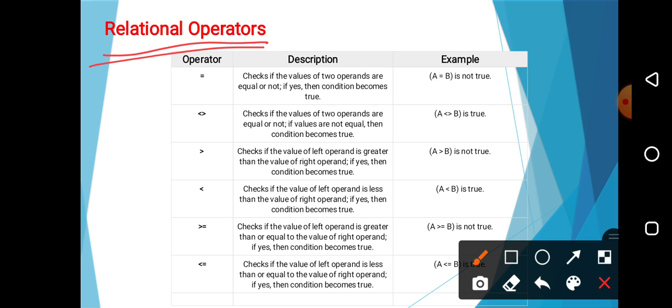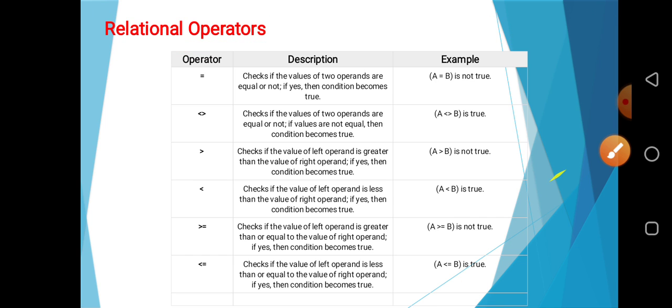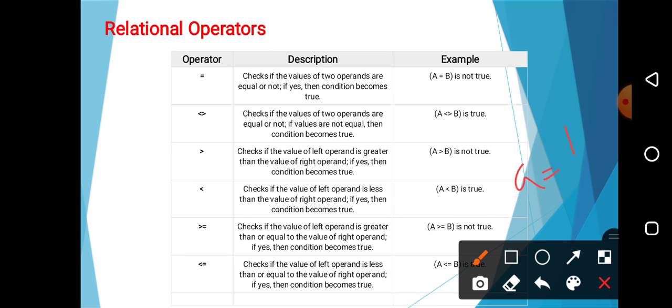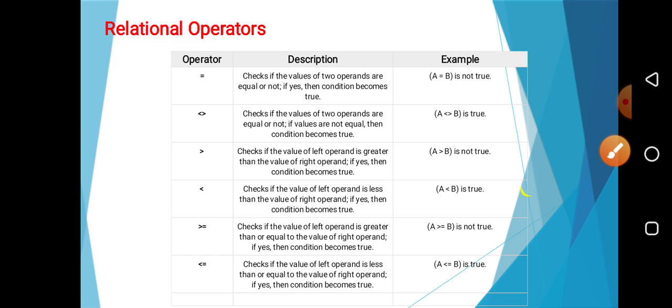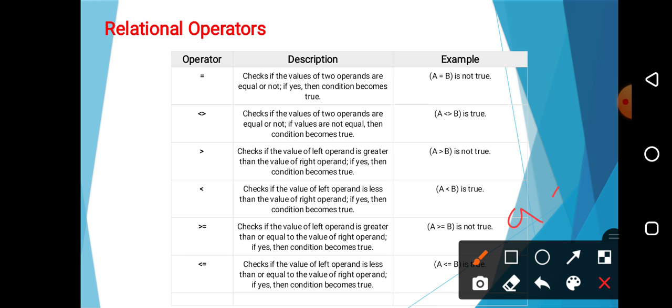That means whenever you want to compare two operands, suppose I want to check whether A is greater than B or not, or whether A is equal to B, or whether A is less than B. At that time I am comparing the two operands with each other, or specifying the relation between two operands. Therefore I am using the relational operator.